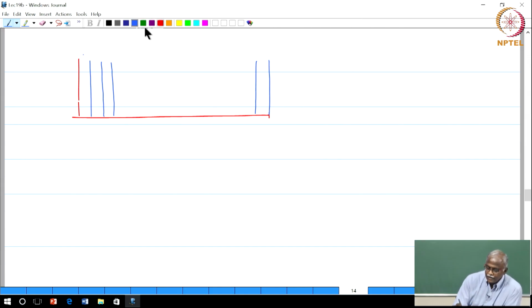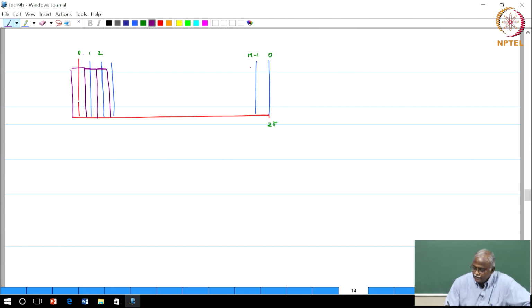This would be carrier number 0, carrier number 1, 2, all the way to m minus 1, because this would again limit to 2 pi. Okay, that would be the carrier frequency. Now if you think of it in terms of bandwidths, you would draw it in this fashion: this is channel 0, this is channel 1, channel number 2, and channel m minus 1 is situated here.